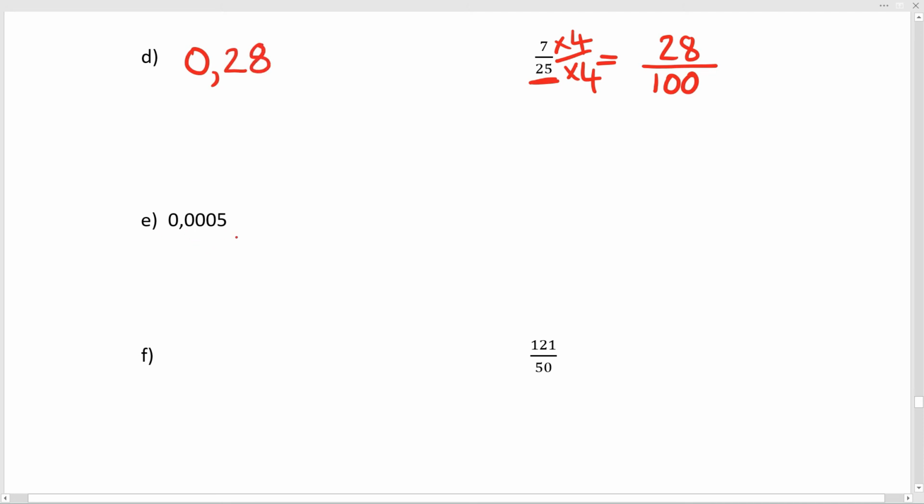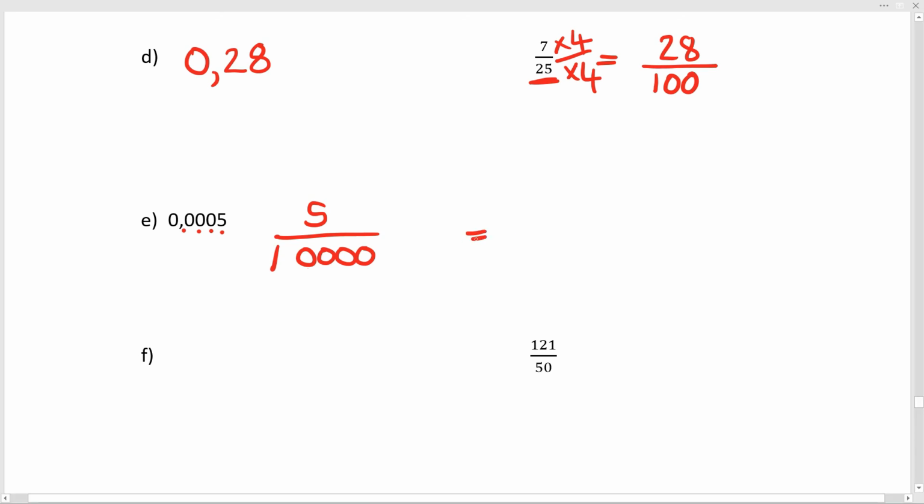This one's got lots and lots of things after the comma. So that is going to be 5 out of, let's count, 1, 2, 3, 4 zeros with a 1 on the left hand side. So that's actually 5 out of 10,000.